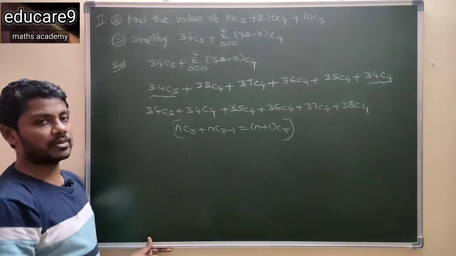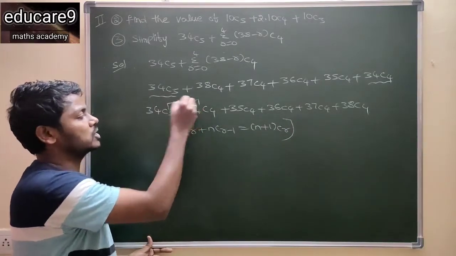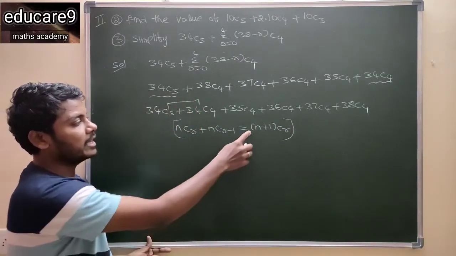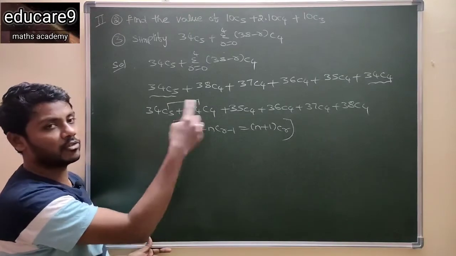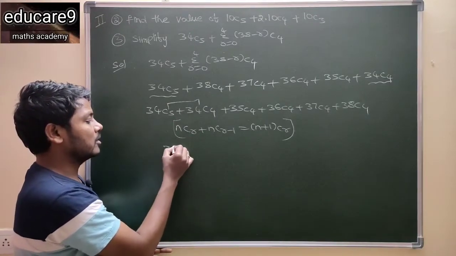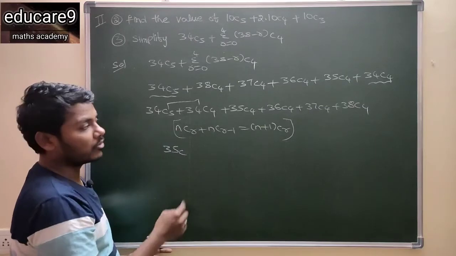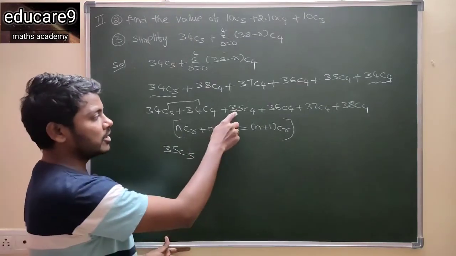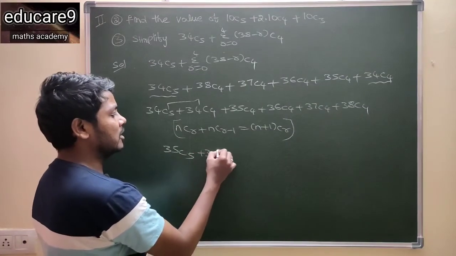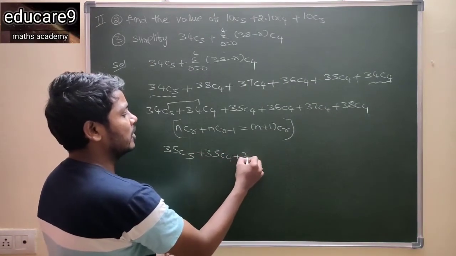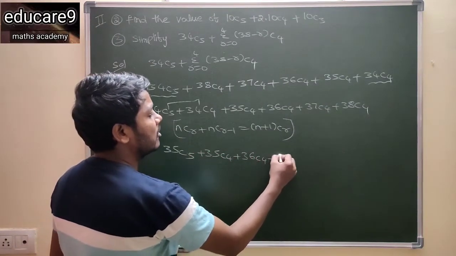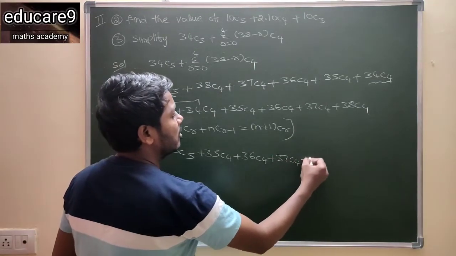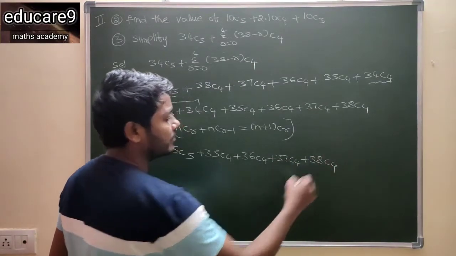We have to apply this formula for the first two terms. So clearly n plus 1, that is 34 plus 1, that is 35Cr. What is our r value? 5. So 35C5. So what is the next term? 35C4 plus 36C4 plus 37C4 plus 38C4.